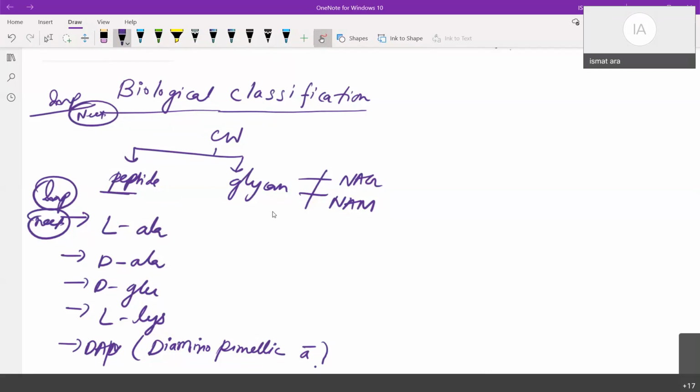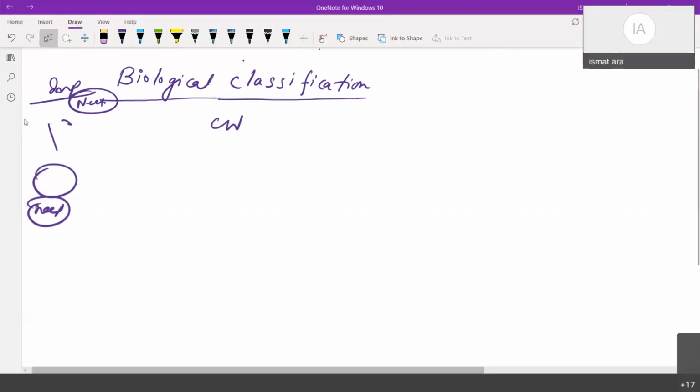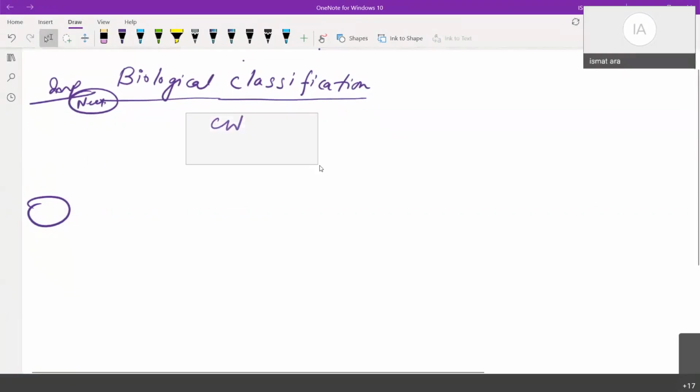Now next we will see the cross linkage, students. How cross linkage is present in gram positive bacteria as well as gram negative bacteria. See, in gram-positive bacteria.